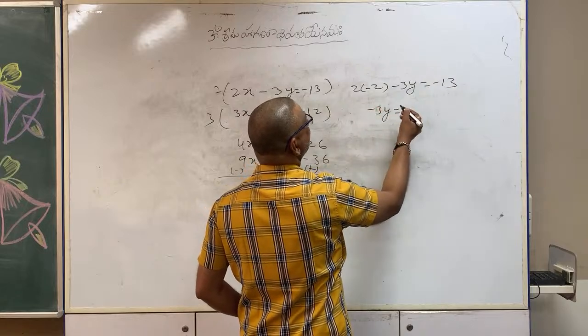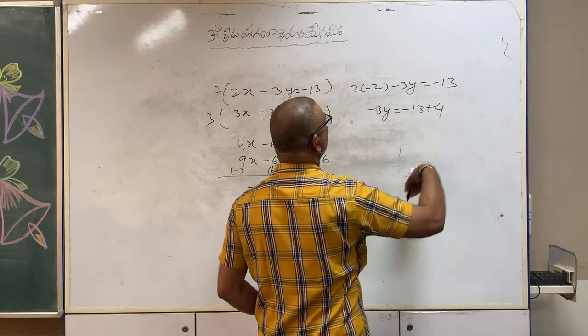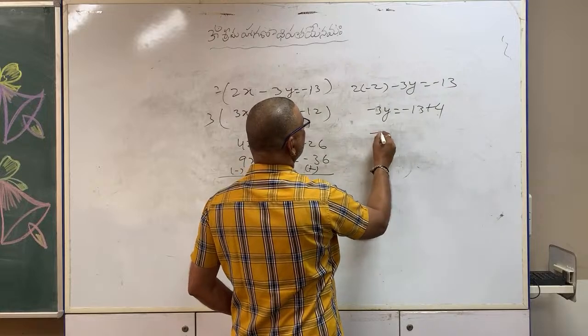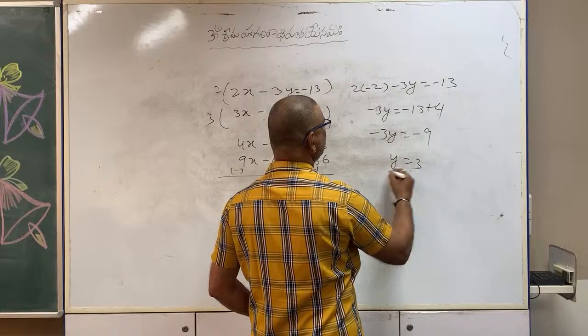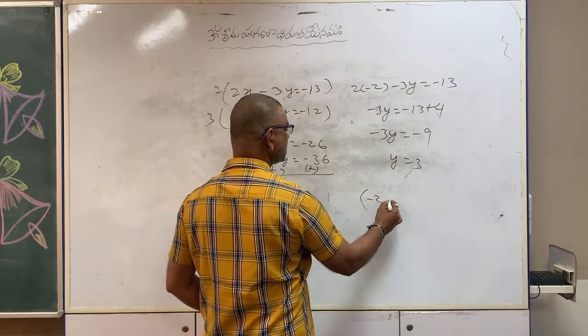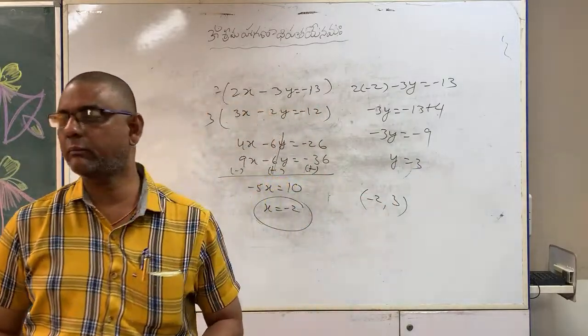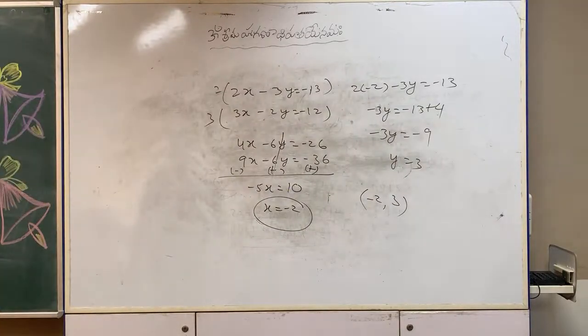Negative 3y is equal to negative 13 plus 4. Negative 3y is equal to negative 9. Y is equal to 3. So the common solution is negative 2 comma 3.